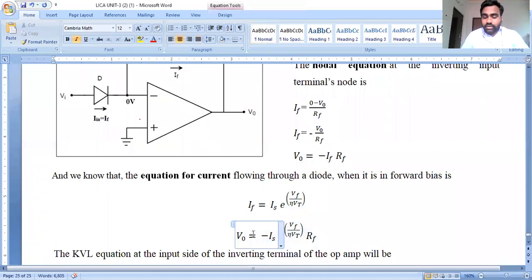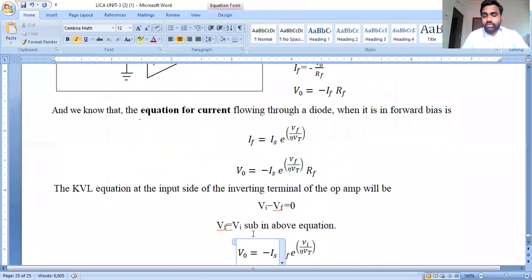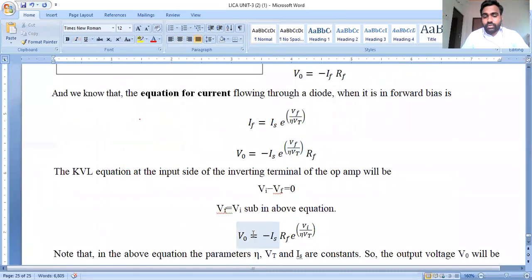That means by analyzing KCL and KVL, input voltage minus feedback voltage is equal to 0, and the output voltage V0 is equal to minus Is into exponential of Vf divided by eta VT, into Rf.